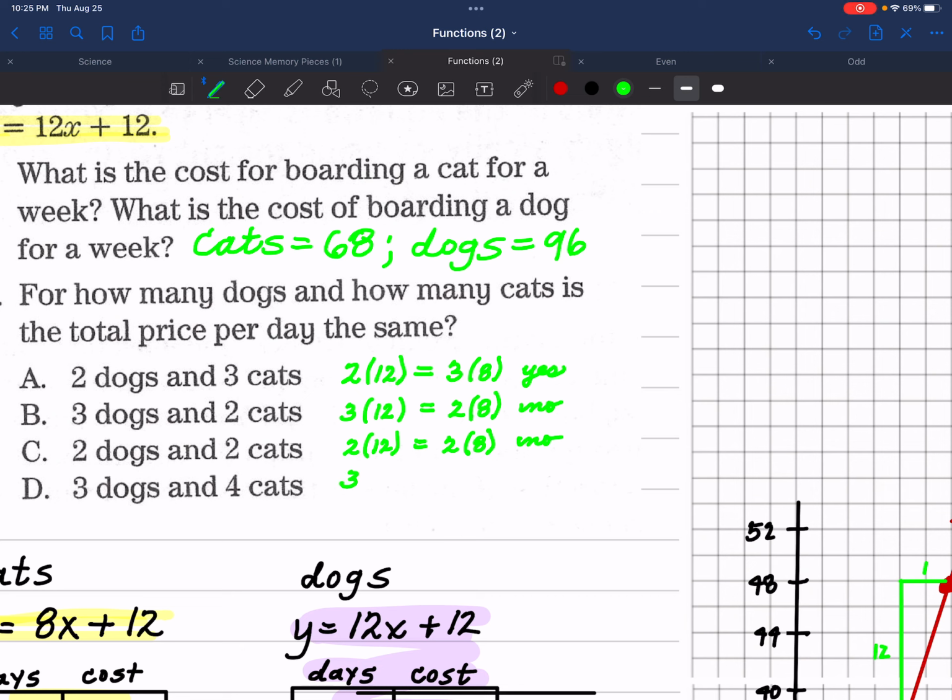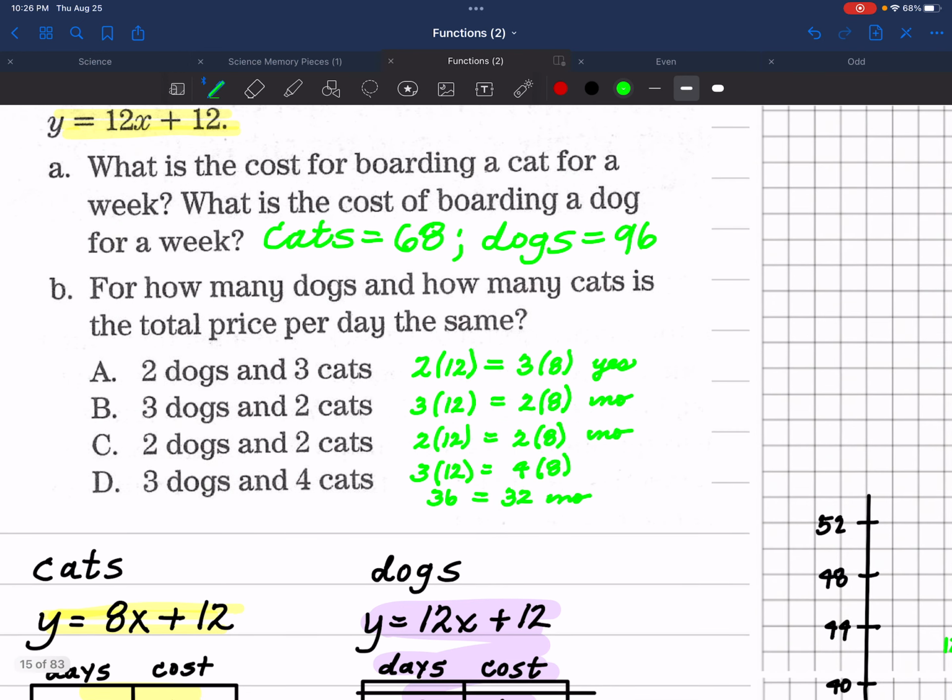And then 3 dogs would be 3 12s, and 4 cats would be 4 8s. So we have 36 here and 32 here. It's close, but it's not equal. So the answer we want is this one. If you have $24, you can board 2 dogs, or you can board 3 cats.